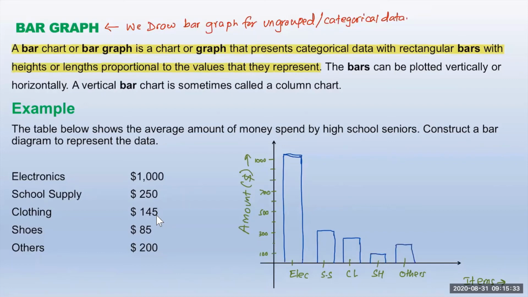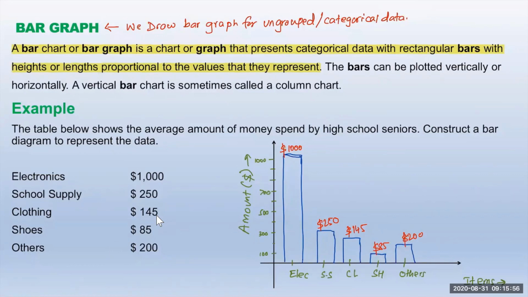Like that. As I told you before, you can also write the values on the top of the bar. Like the first one is $1,000. Next one is $250. The next is 145. Next is 85. The next one is 200. So you can write like this.